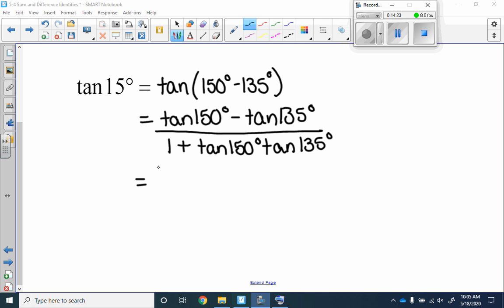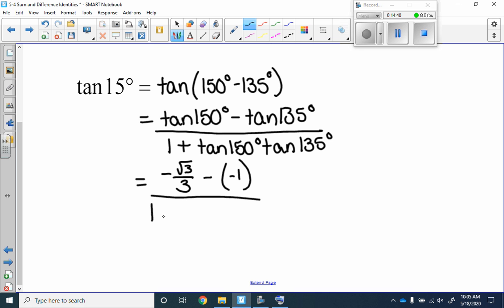Alright, so the tangent of 150 degrees is negative square root of 3 over 3, minus the tangent of 135, which is negative 1. Divide this by 1 plus the tangent of 150, so negative square root of 3 over 3, times the tangent of 135, which is negative 1.